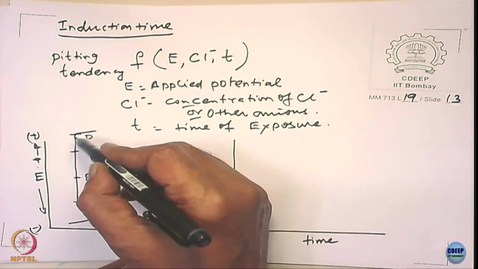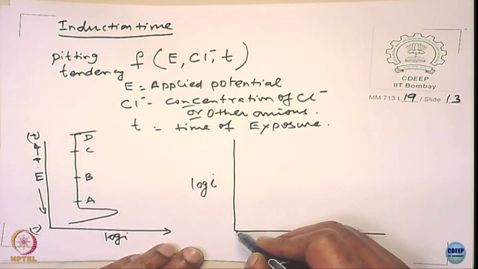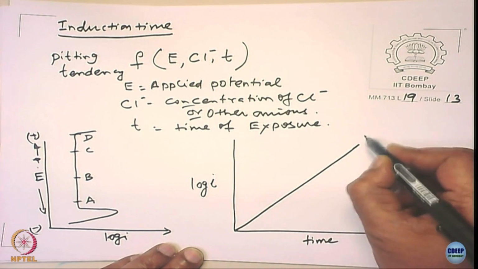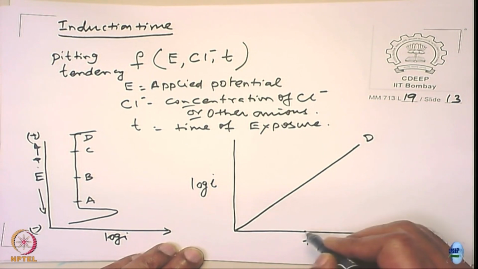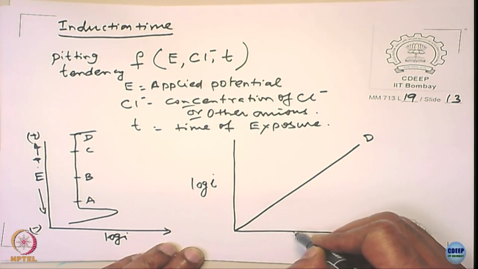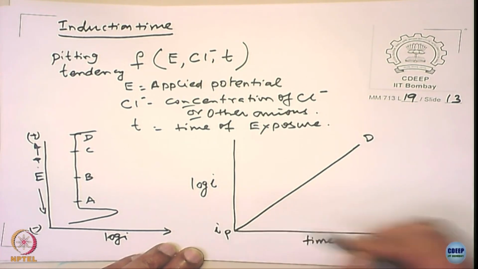If I hold at the potential corresponding to the point D, the current increases. See what happens? Let us say this is your IP, the base current is IP here.